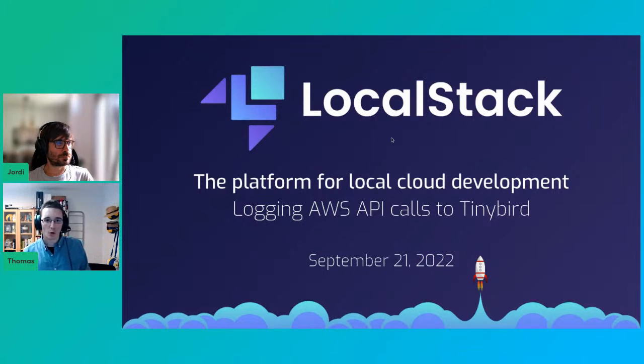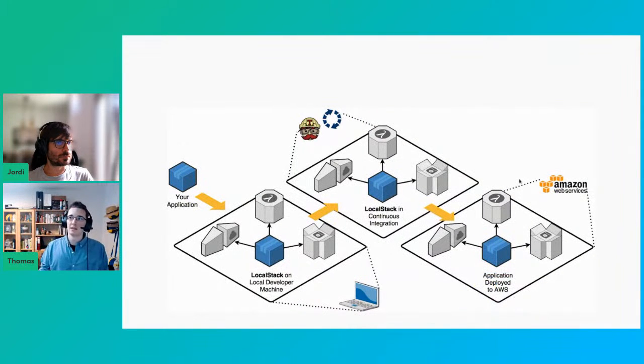So the core of LocalStack is really, in short, an AWS emulator. If you're building an application that uses AWS cloud services, you can run your application on top of LocalStack, and it will behave in the same way as if it would run in AWS.